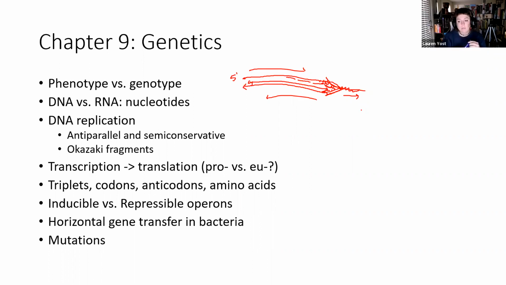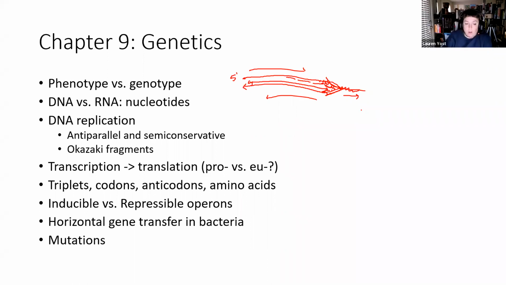Operons. We had inducible versus repressible operons. I do believe that the inducible example that it gave us was the lac operon, and the repressible example that it gave us was arginine production. It doesn't really matter.